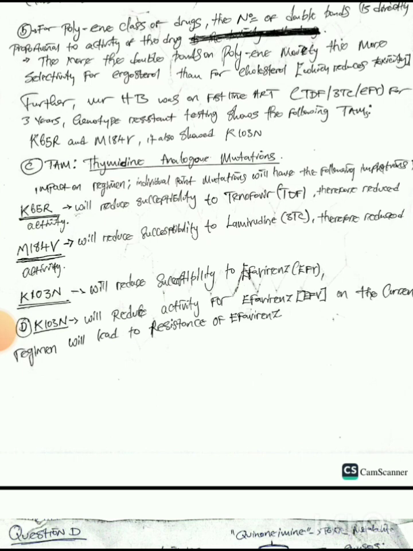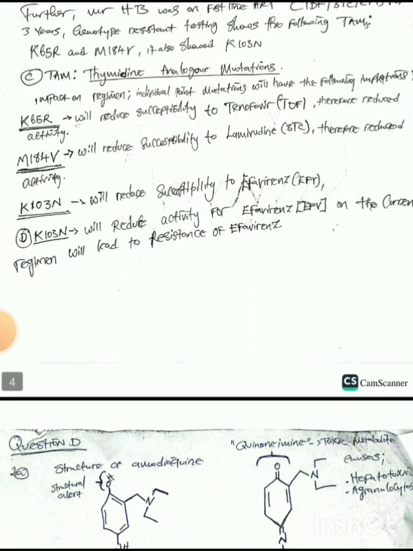Further, Mr. HB was on first-line ART treatment for 3 years. Then genotype resistance testing shows the following thymidine analog mutations, or so-called TAMs: K65R, M184V, and K103N was also shown.